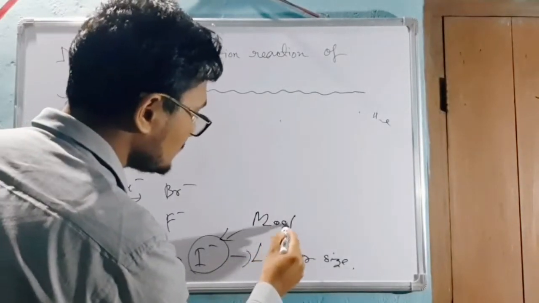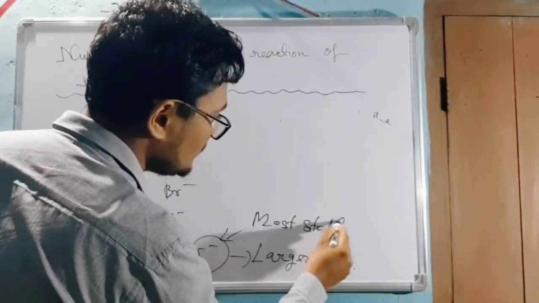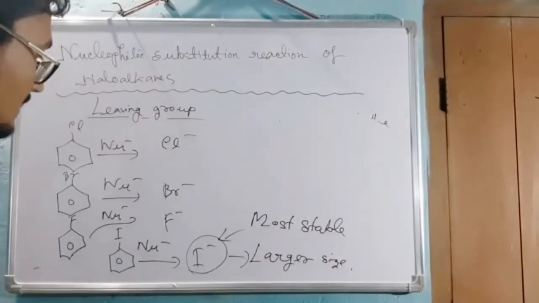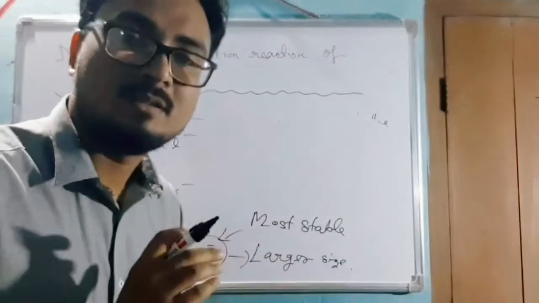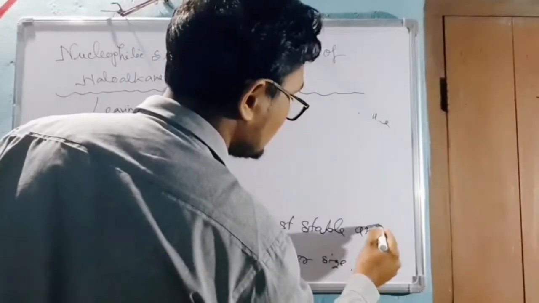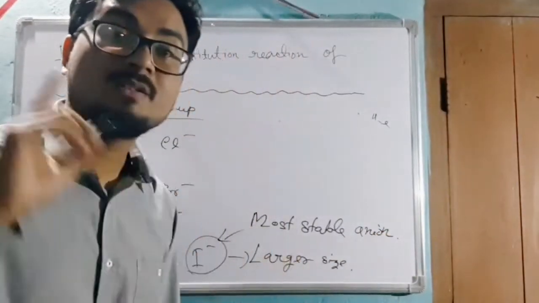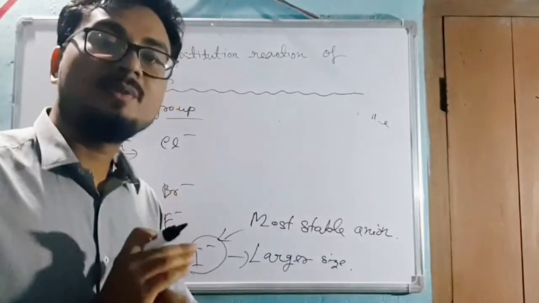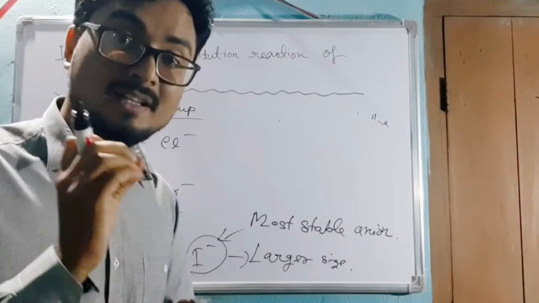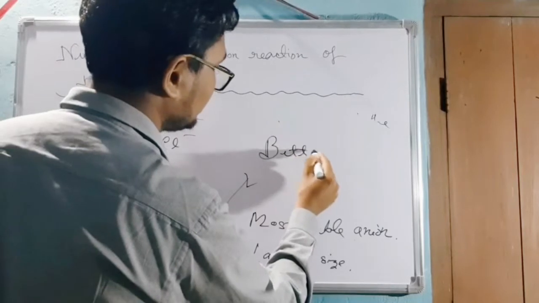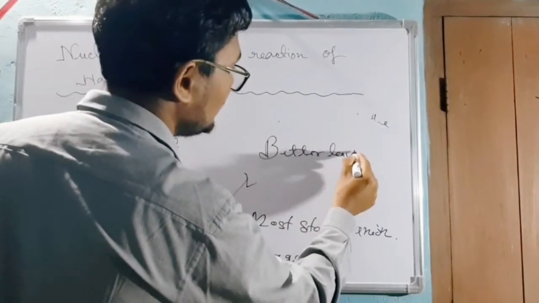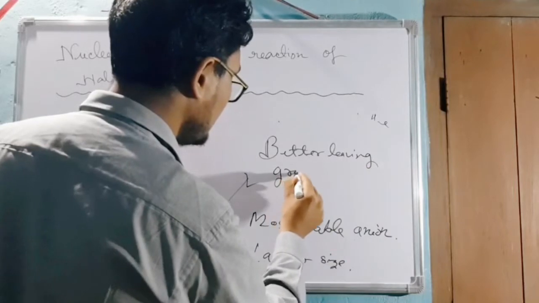So it is the most stable anion. And the concept is: most stable anion means it will have a better leaving group. So this is a better leaving group.